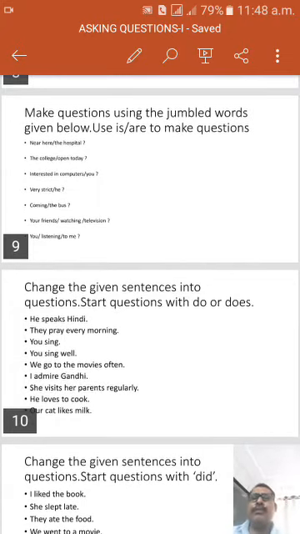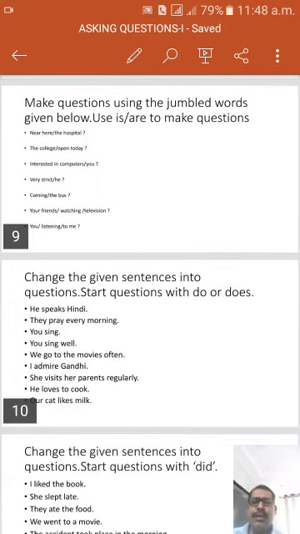So we framed these questions using the helping verb is or are. If the subject is singular, use is. If the subject is plural, use are. So you have to see the subject first.